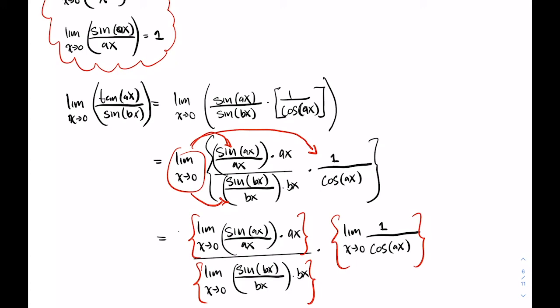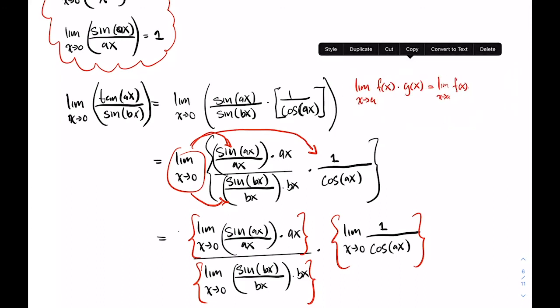Okay, what limit law am I quoting? Somebody's wondering. This is saying that the limit as x approaches some a of f of x times g of x is equal to the limit as x approaches a of f of x times the limit as x approaches a of g of x. That's for products.